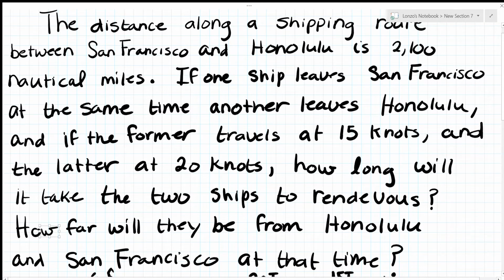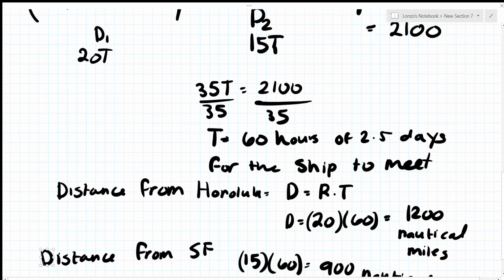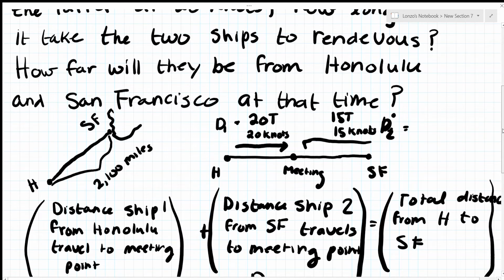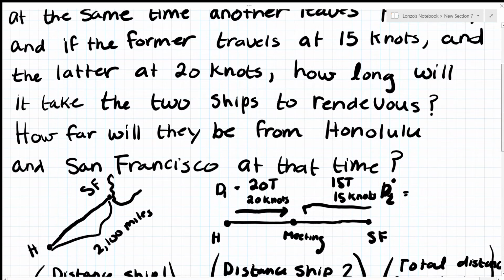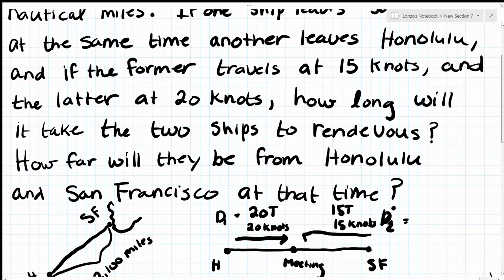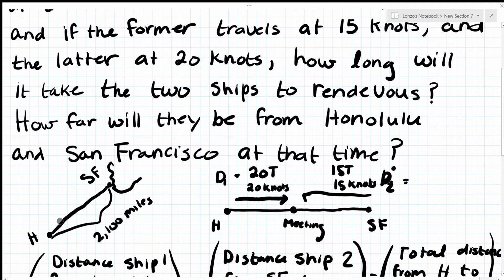So hold on. So we know everything now. How long will it take the two ships to rendezvous? It would take a total from here to here, 60 hours or 2.5 days.